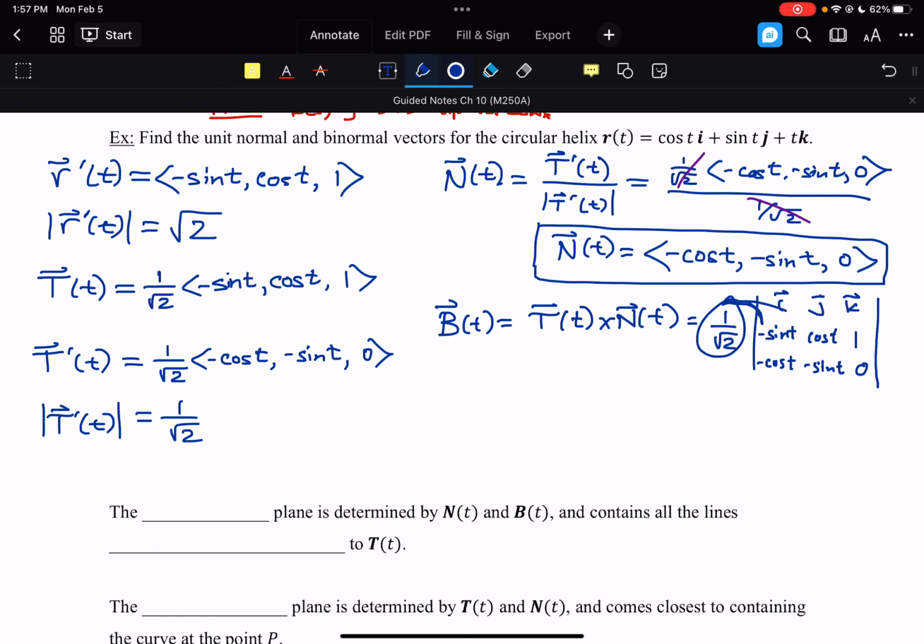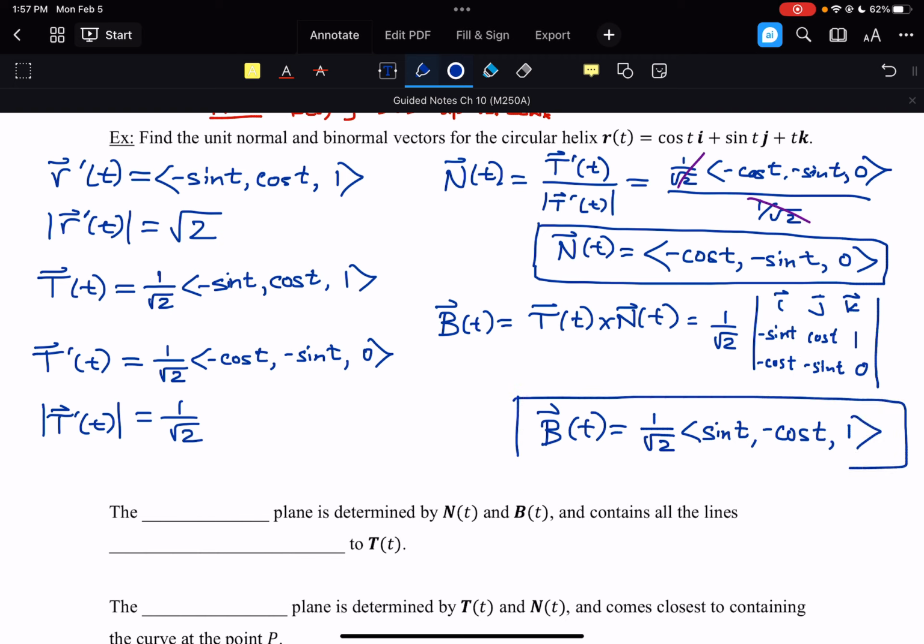So again, this came from this row. You could put it in if you don't feel comfortable with that. But do the cross product here. We end up getting 1 over rad 2 times sine of t, negative cosine of t, and 1. So this gives us that upward orientation on the curve as we're traveling around it.